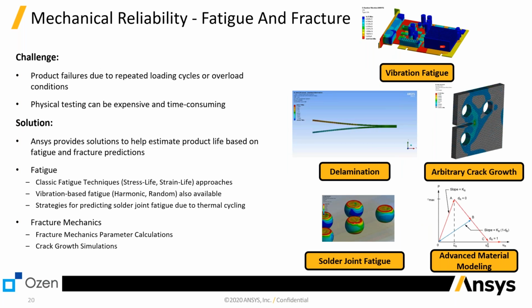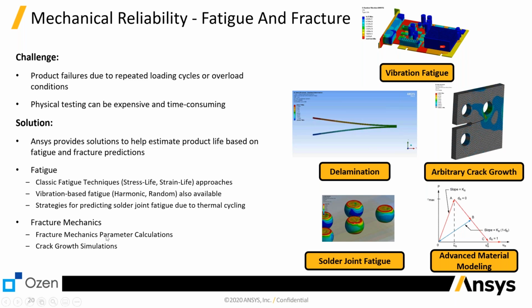And using the fracture capability, as you know, in ANSYS we have classic fatigue techniques, which are used in stress life and strain life approaches. We can also calculate fatigue due to harmonic or random vibration. So we can do a PSD random vibration simulation and then calculate the fatigue life.